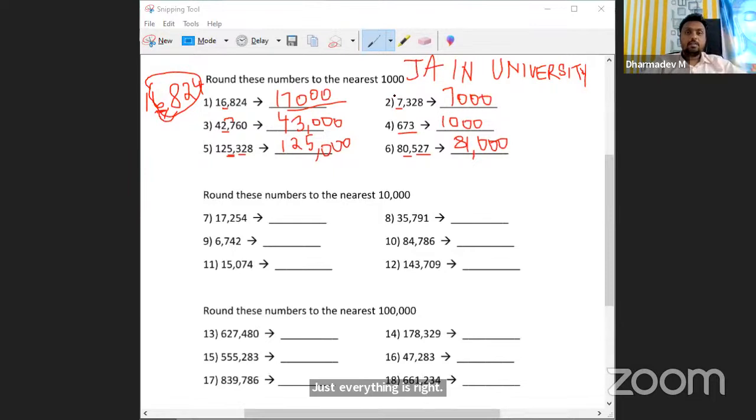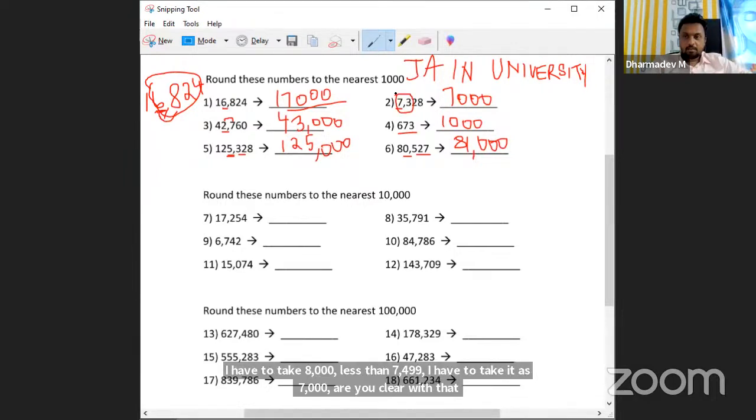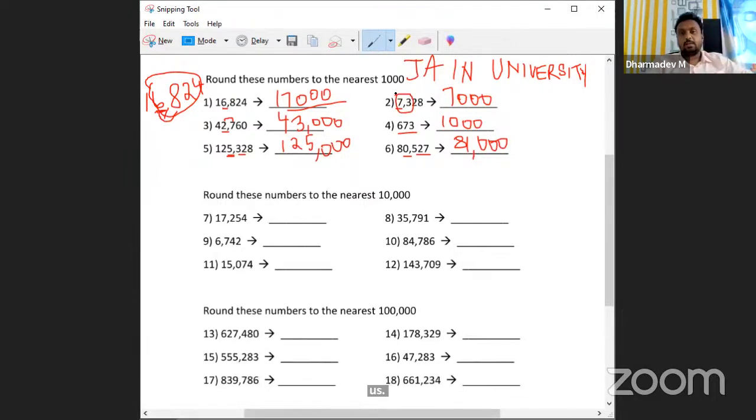Okay, now 7,300. So if it crosses 7,500, then I have to take 8,000. Less than 7,499, I have to take it as 7,000. Are you clear with that? Yeah, number 2 is 7,000. 7,328, the nearest one is 7,000.